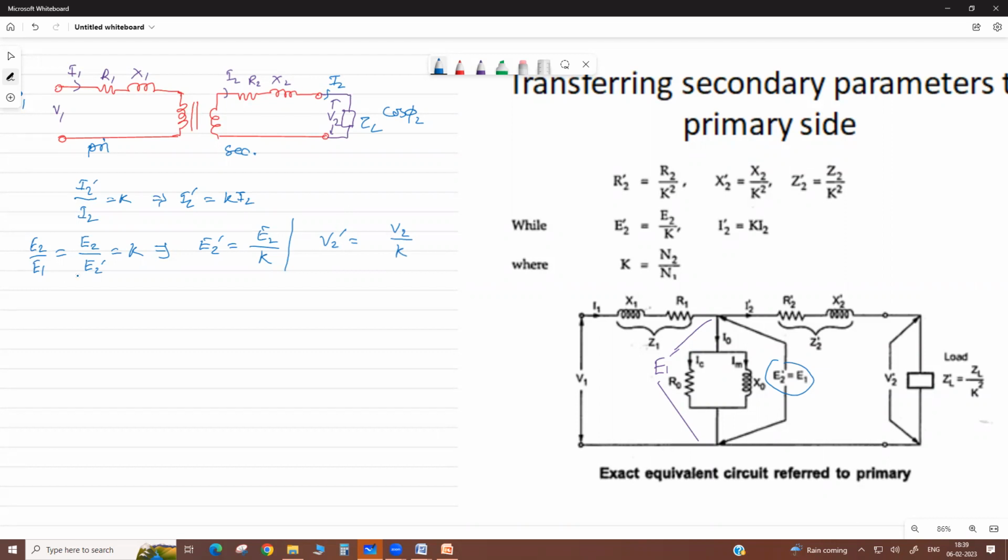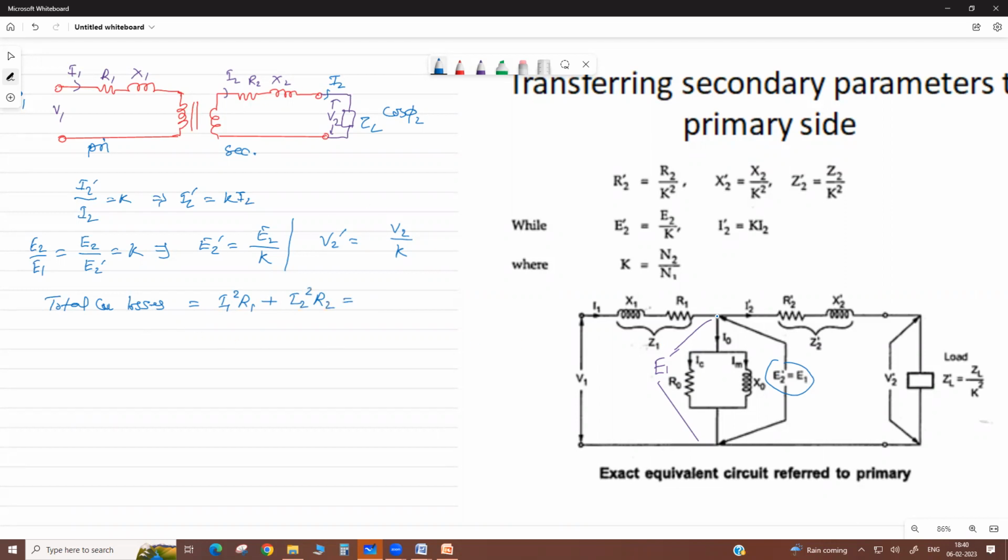Now we are coming to resistance and impedance. Now when we see the total copper loss in a transformer, the losses in primary, this is the primary copper loss, and in secondary, as referred to primary side.